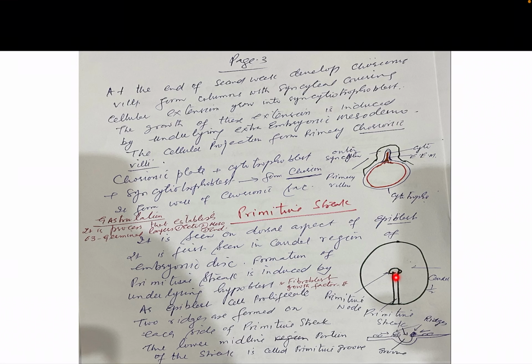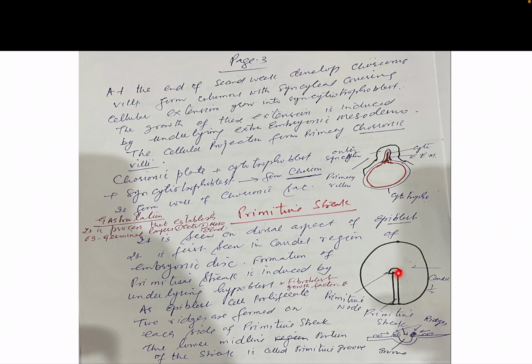That is given the name primitive node, which has a pit in it, the primitive pit, a depression. So this is a linear groove, and in front is the depression.